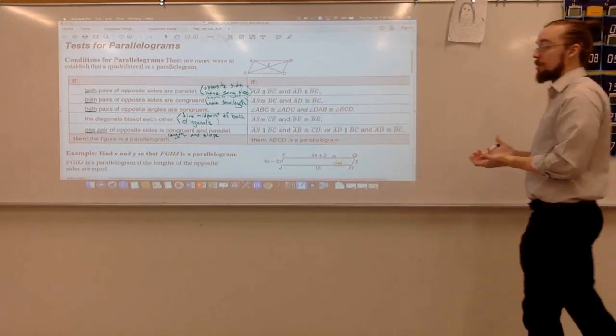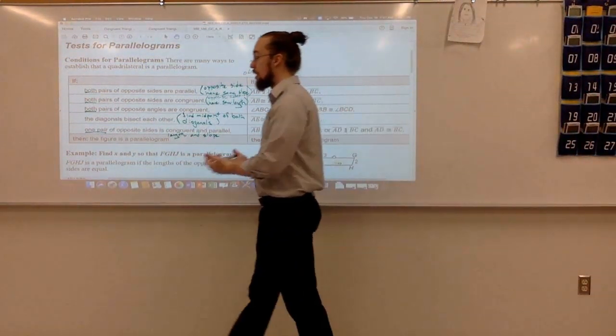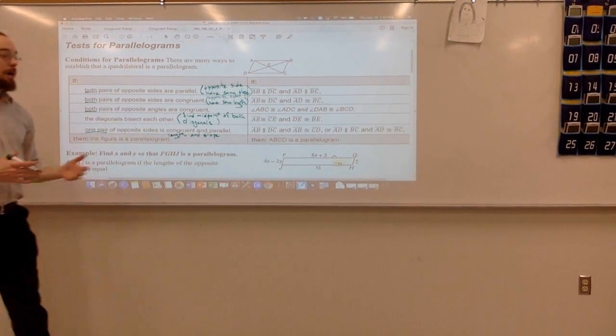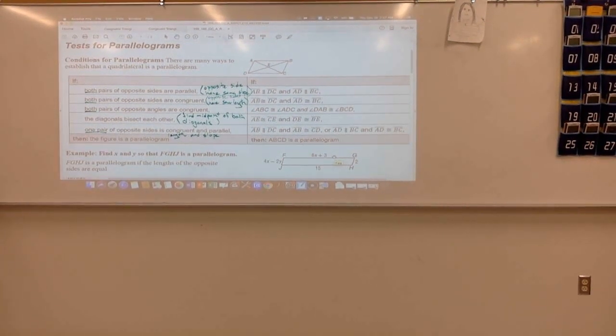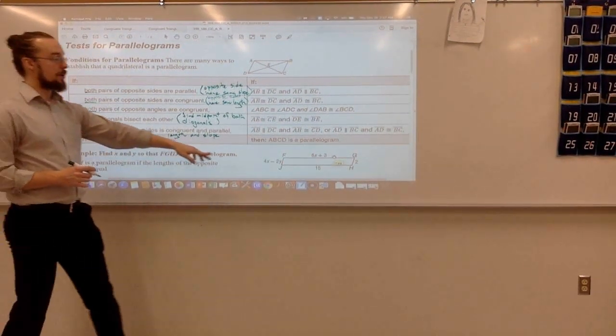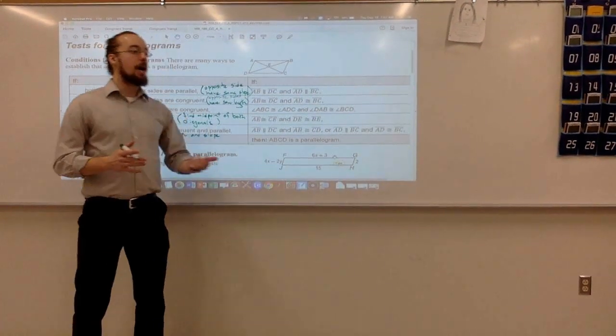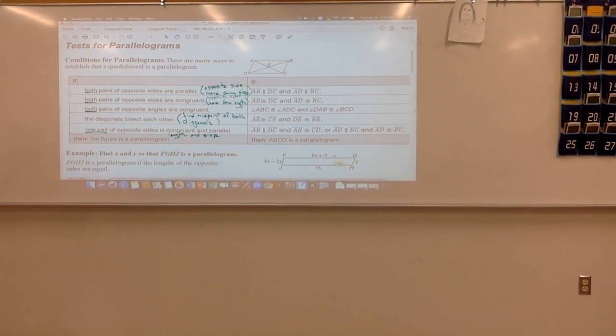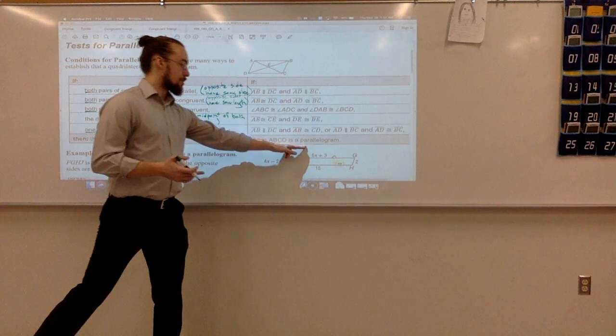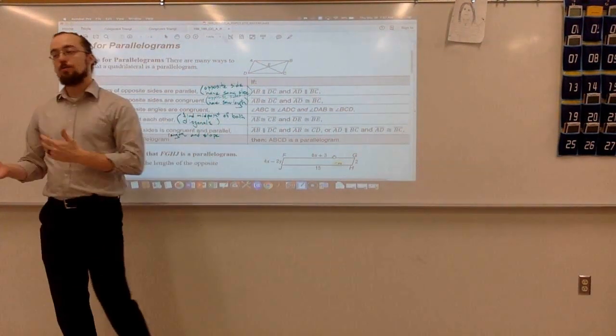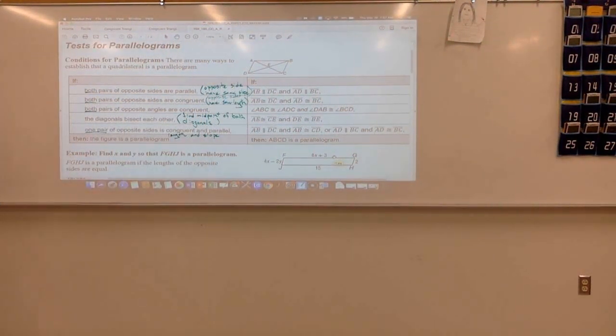So this is essentially everything in this section. Okay, there are some problems just like the last section. You can see this example down here where we are given maybe opposite sides or opposite angles, and the wording of the question is just slightly different, but it's the exact same type of problem where we would set opposite sides equal or set opposite angles equal or consecutive angles, set them supplementary or set them equal to 180 because they are supplementary.